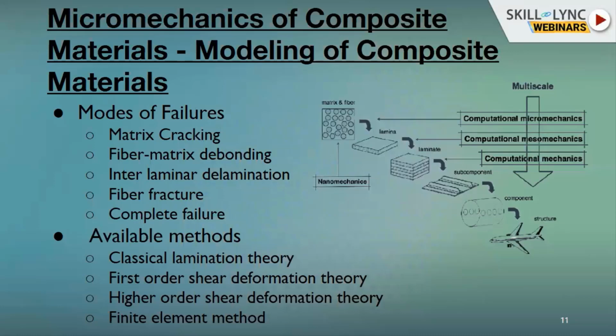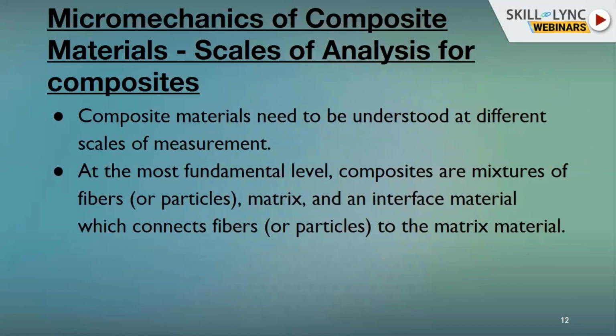So various scales are required to analyze these composite materials. So why do we need different scales of analysis? Because the constituents used in the composite material have to be understood at a micromechanics scale, whereas the overall composite structure and its behavior has to be analyzed at a structural scale.